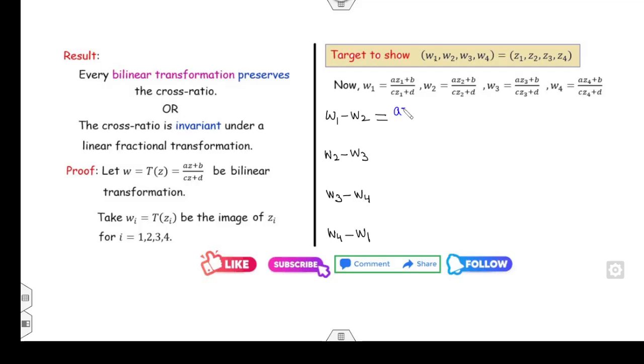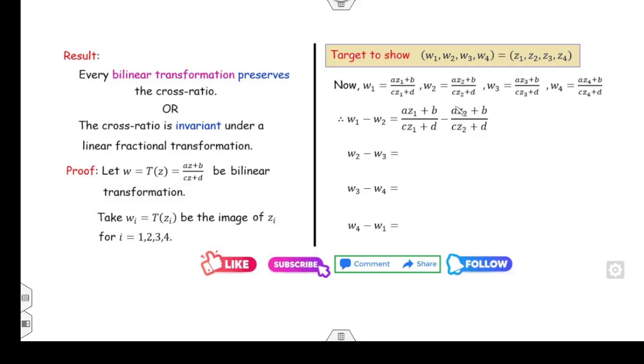If you take A Z1 plus B over C Z1 plus D minus A Z2 plus B over C Z2 plus D, now if you take the LCM it will be C Z1 plus D and C Z2 plus D. Now if you simplify them, this expression becomes AD minus BC into Z1 minus Z2. If you take the LCM, you can see AC Z1 Z2 and AC Z1 Z2 will be cancelled out.